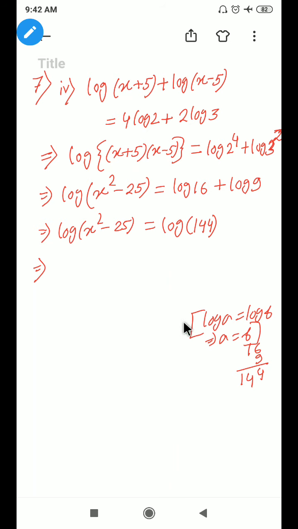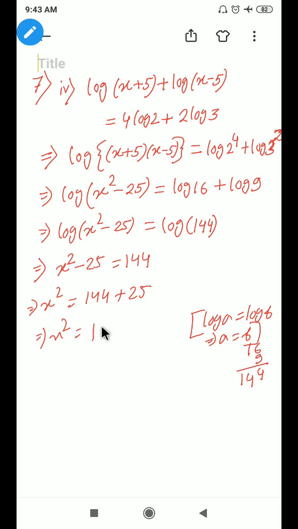So you can use this formula. So log x square minus 25 is equal to log 144. So that will be x square minus 25 is equal to 144. If this 25 goes to that side, this will be addition, so 144 plus 25 is 169. So the root of 169 will be nothing but plus minus 13.